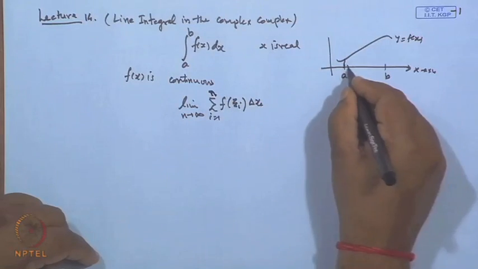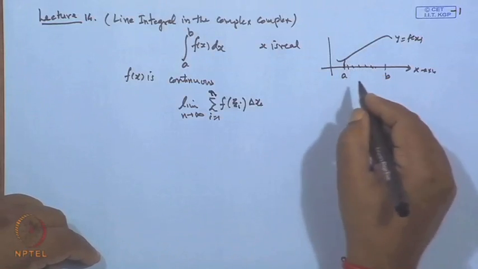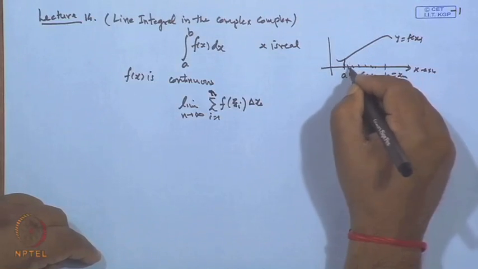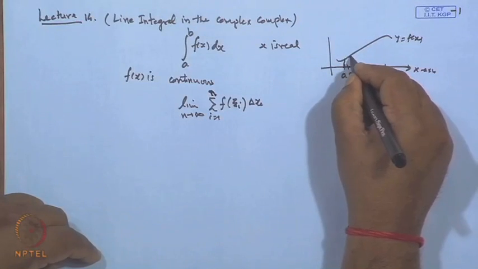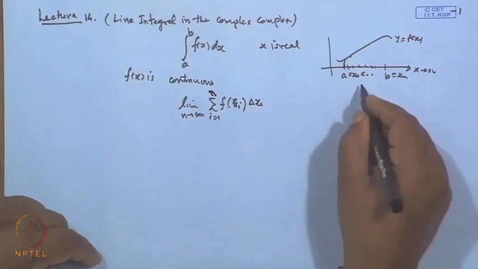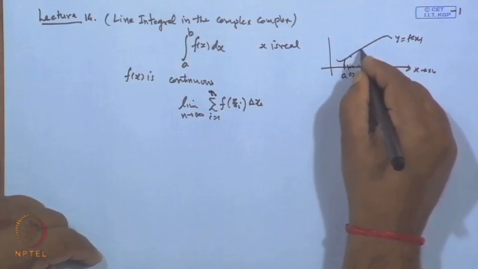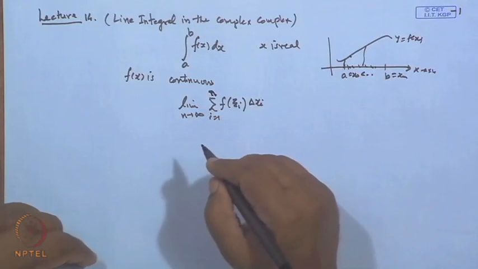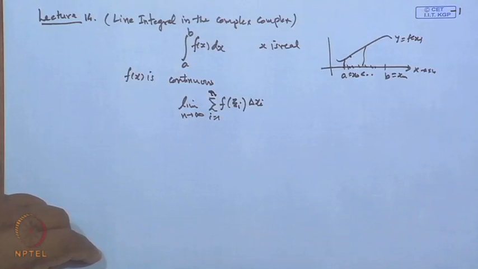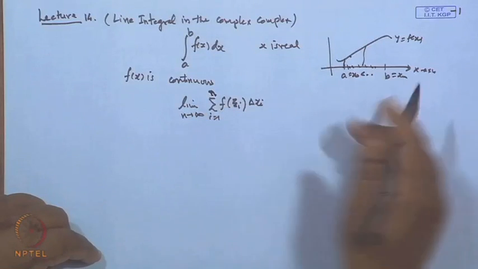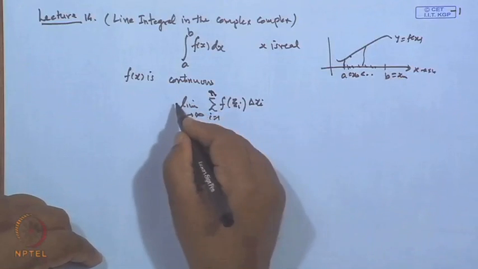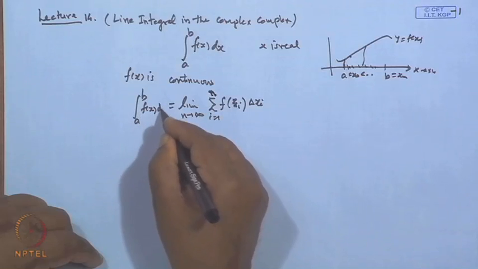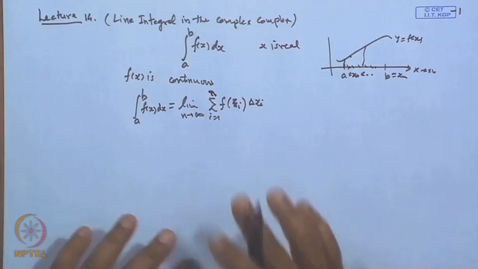We partition the interval into the points x_1, x_2, ..., x_n, and in between these points find numbers, consider the functional value at these points, and multiply by the length delta x_i, and take the summation as n tends to infinity. Now, if this limit is independent of the partition of [a, b] and exists, then we denote it by the integral from a to b of f(x) dx and it represents the definite integral.